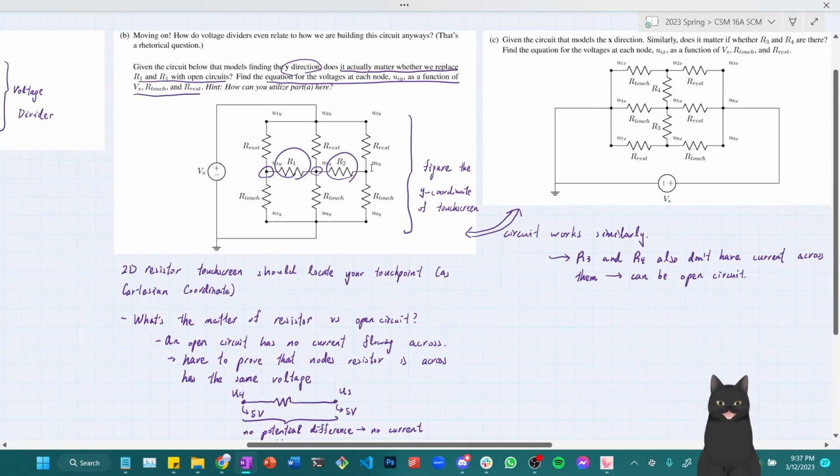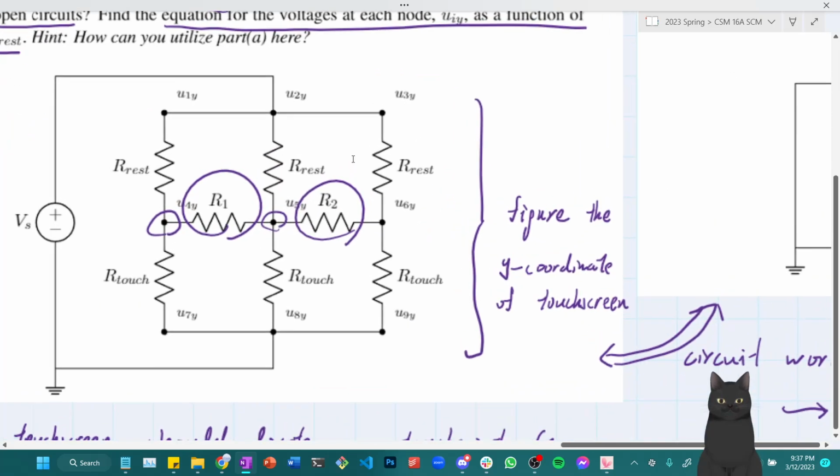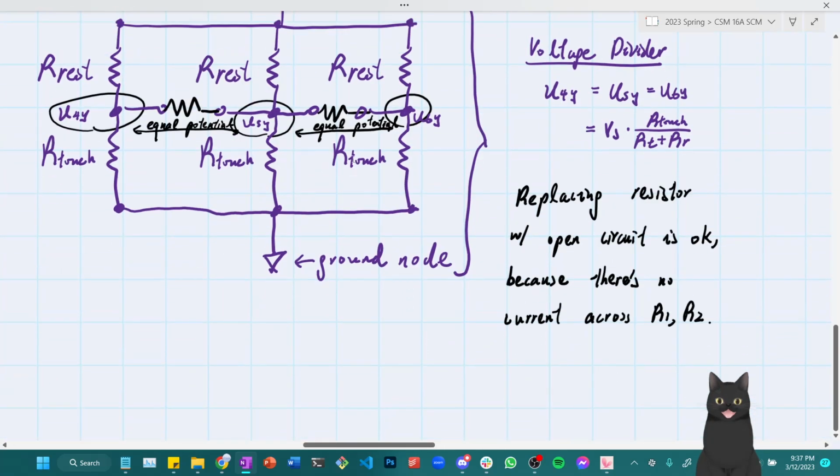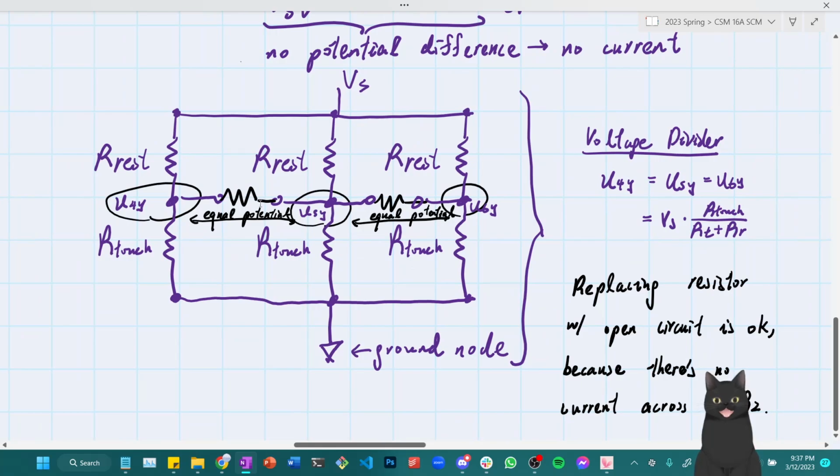So let's go back to just the Y configuration and discuss what happens here. Originally we were working with the version of this circuit with open circuits, where we have 3 voltage dividers, and the entire premise at which there is no current across the resistors R1 and R2 is that the middle nodes are the same.